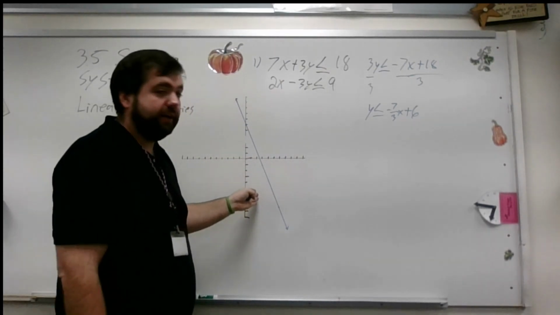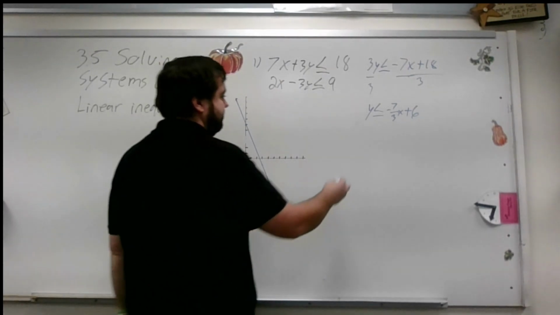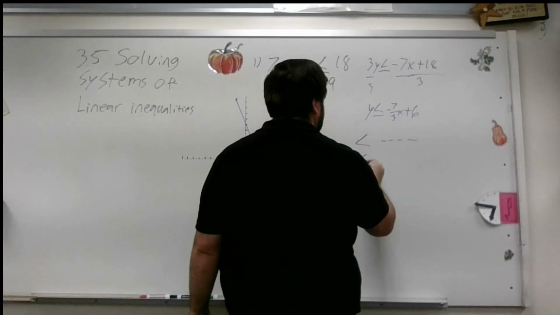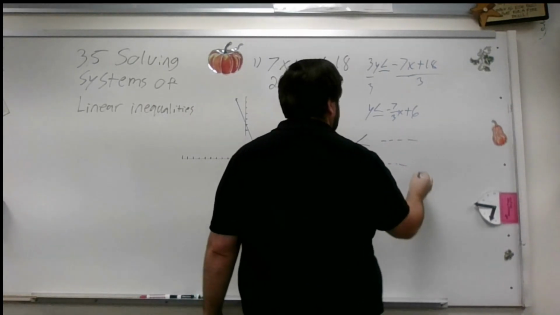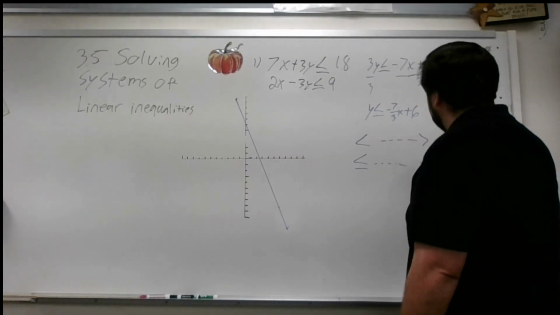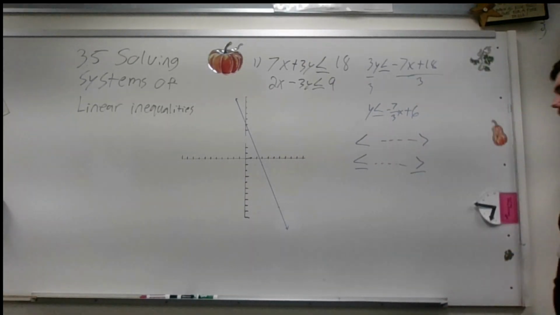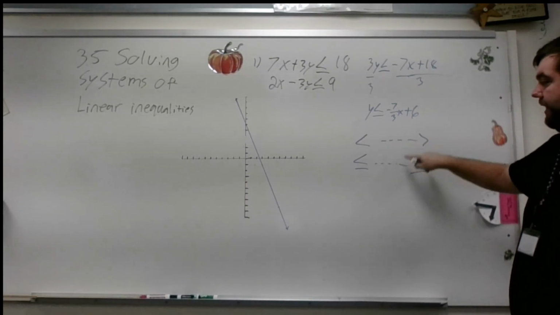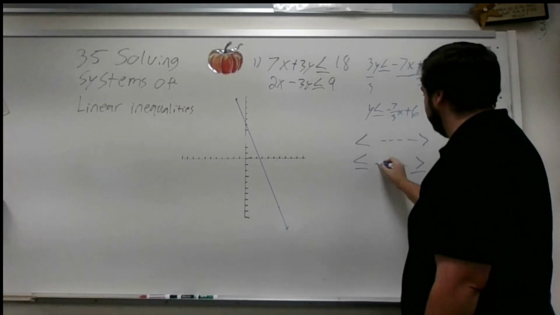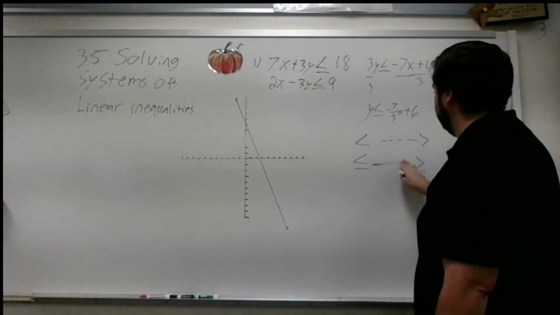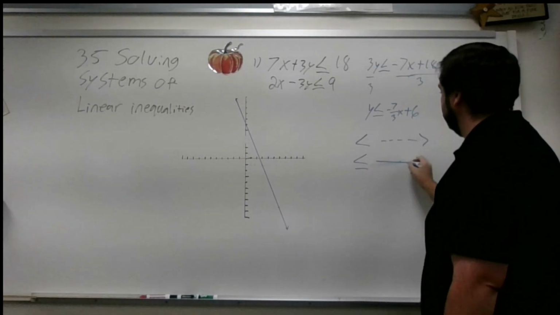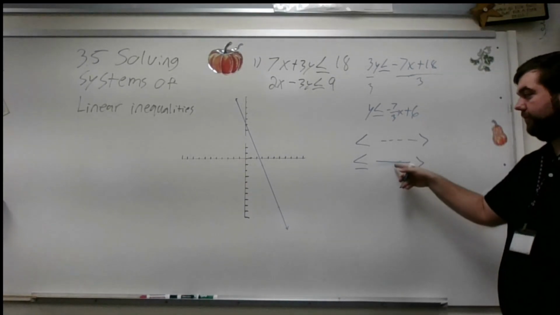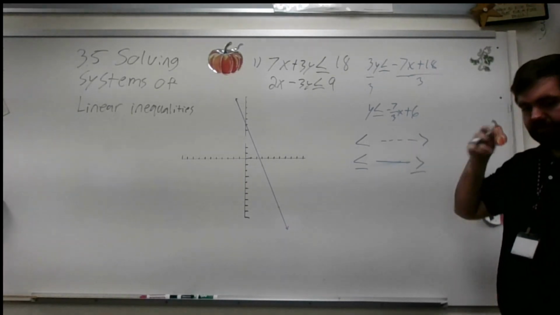Remember, if you have these two signs, it's dashed. If you have these two signs, it's a solid line. I don't know why I did that, got excited. Just remember that. Solid line, no line, dashed.